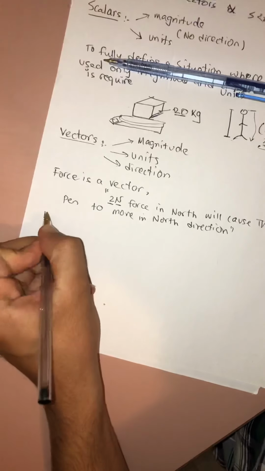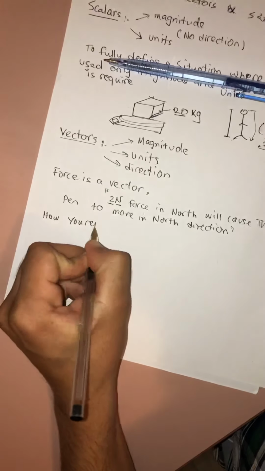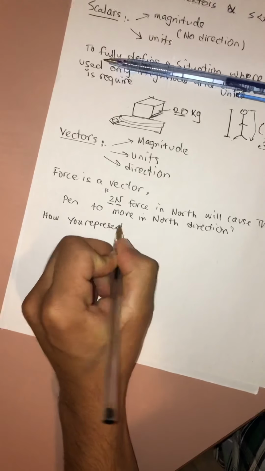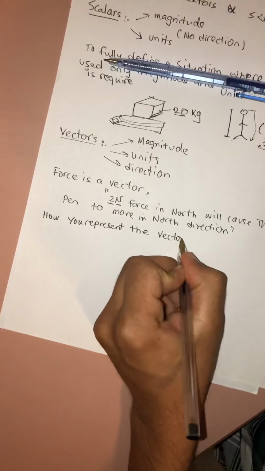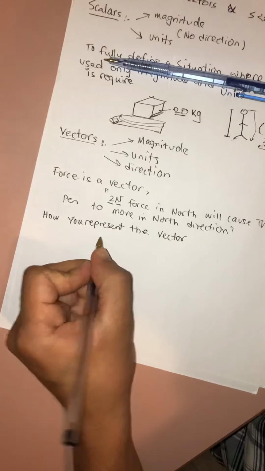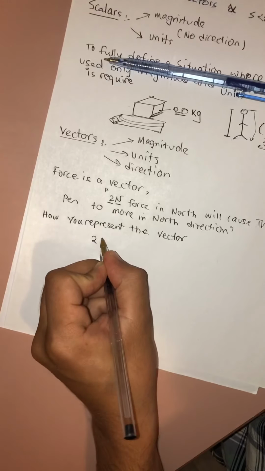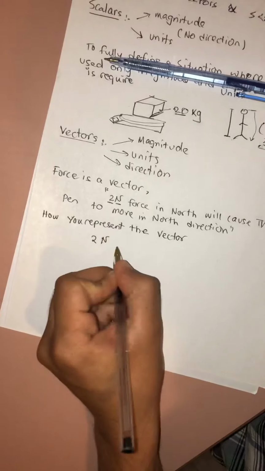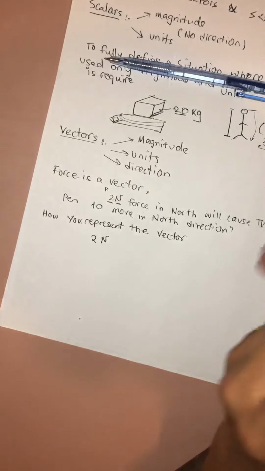Now the question is how you represent the vector. A vector is represented by a magnitude, a unit and the direction. And the direction is usually represented in terms of symbols.